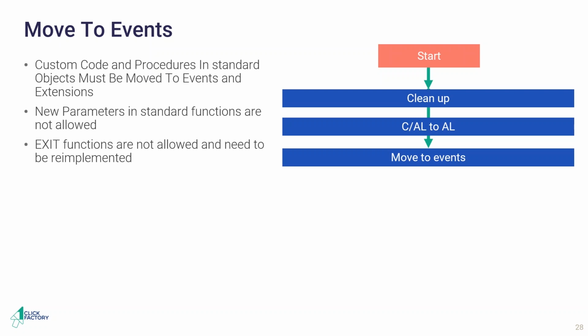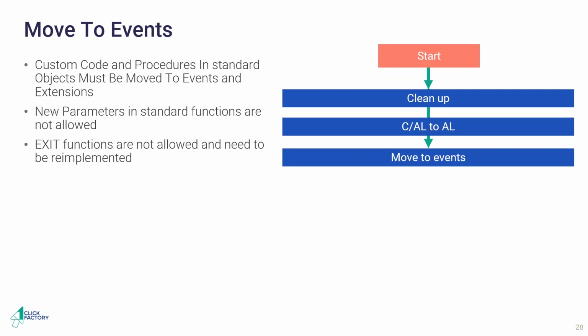There are always some issues when moving to events, and specifically some limitations. One of those is, for example, if I have any standard function with new parameters added, I will not be able to move these modifications into my extension. I will need to re-implement them in some other specific way.